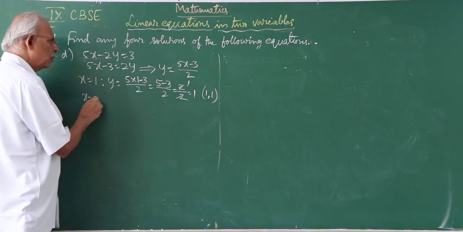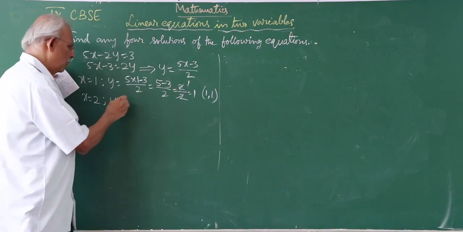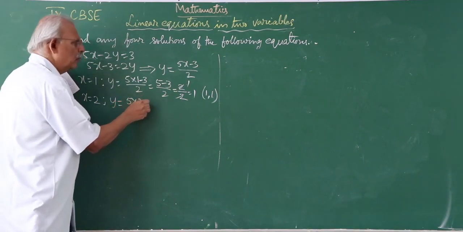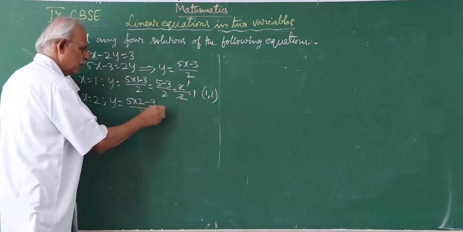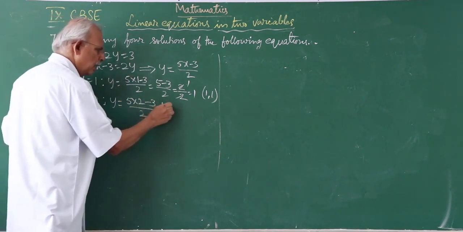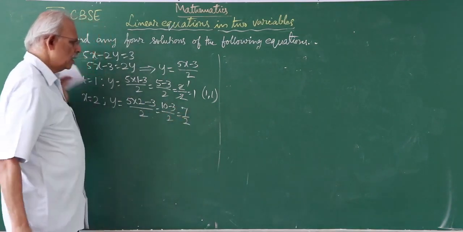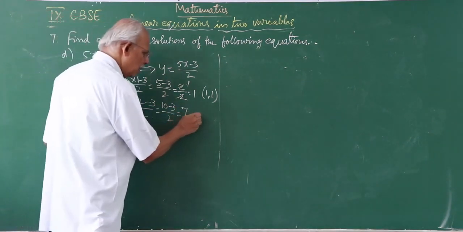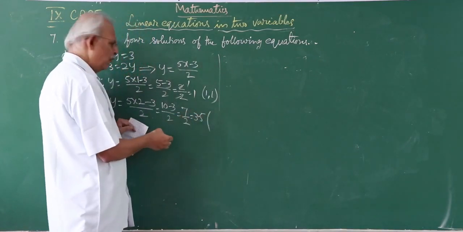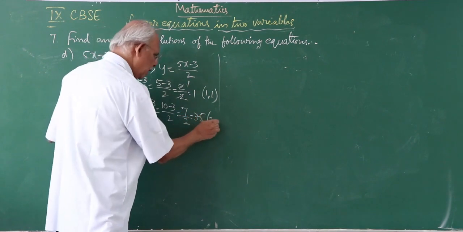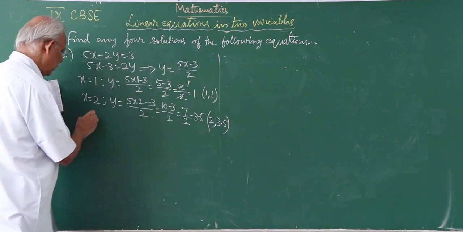Now put x equal to 2. y equals 5 into 2 minus 3 by 2. 5 2s are 10. 10 minus 3 means 7, 7 by 2. In decimal form, it becomes 3.5. That is, when x is equal to 2, y equals 3.5.